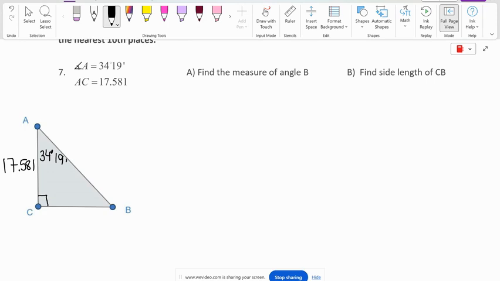First thing we want to do is find the measure of angle B. Remember, all the angles in the interior of a triangle have to add up to 180. If I have 2 of the angles and I just need to find the other one, I know one is 90. So 180 minus 90 is 90, which means angle B is going to be 90 minus 34 degrees and 19 minutes.